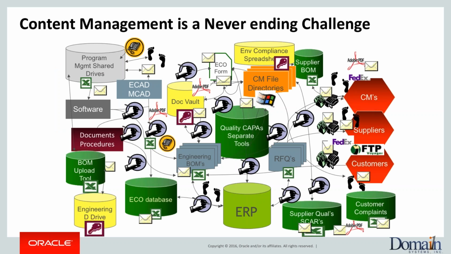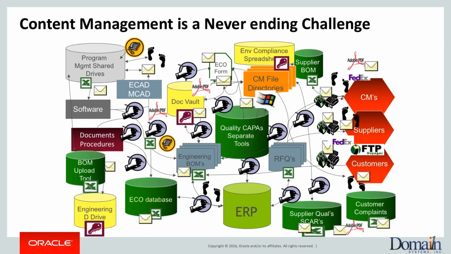Content management is a never-ending challenge. Everybody has more than likely seen this spaghetti slide. In most cases, even if you have a PLM system, certain aspects of this spaghetti slide may still exist. Basically, data and information about your products is in emails, on shared servers, on your hard drive, on the engineering CAD vault, whatever the case may be.